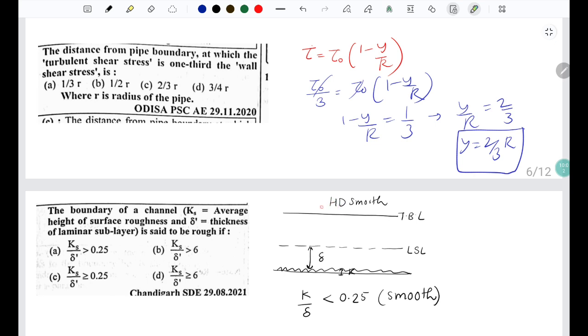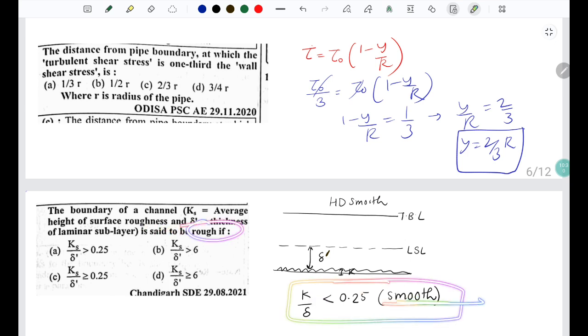In the hydrodynamically smooth case, the roughness protrusions are always very small, and the ratio of k, where k is the average height of these protrusions, to delta dash, where delta dash is the thickness of the laminar sublayer from the no slip surface, if it is less than 0.25, it is considered to be smooth.